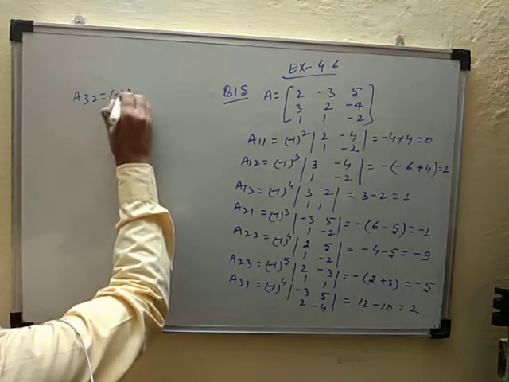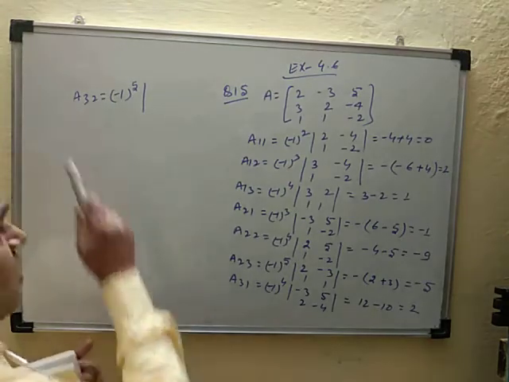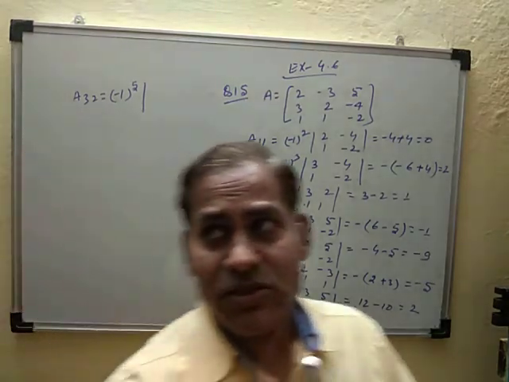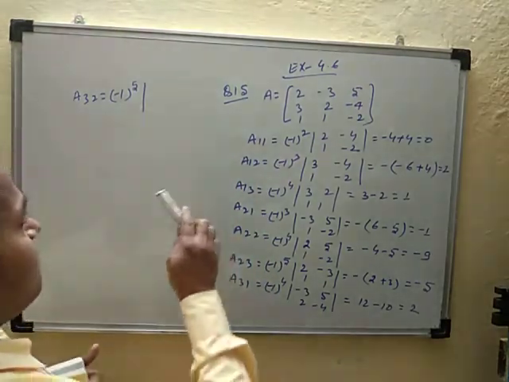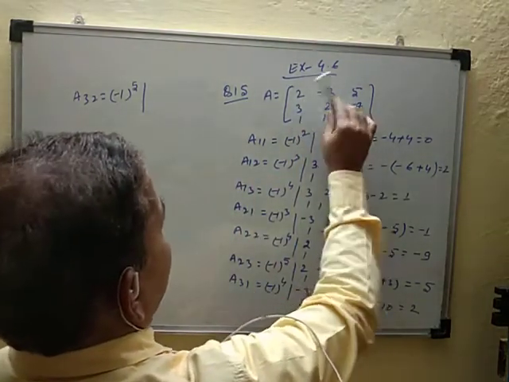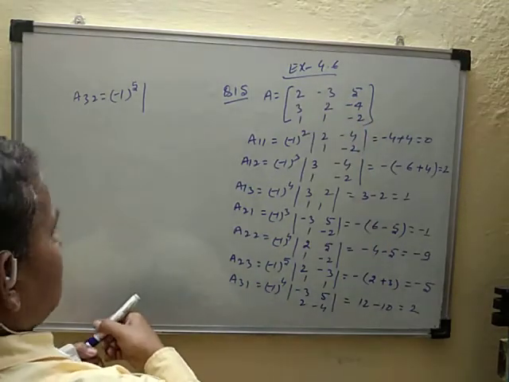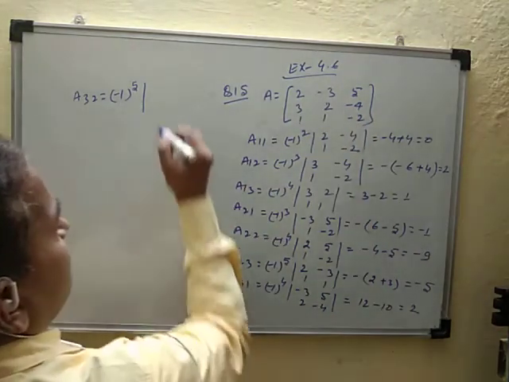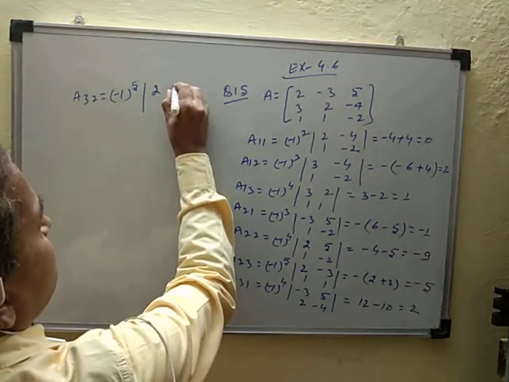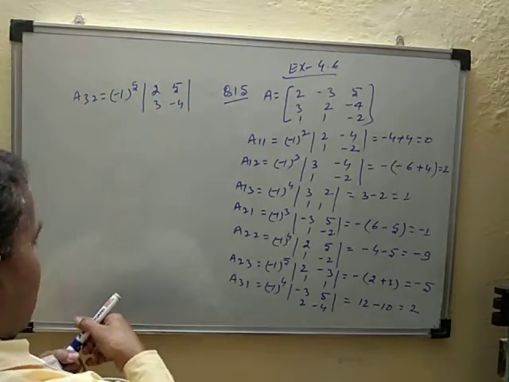Now find A32. So -1 to the power 3 plus 2, 5. Now deleting third row and second column. So what is the element? 2, 5, 3, -4.